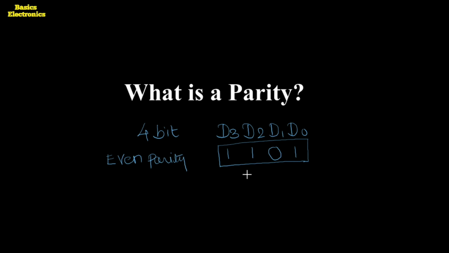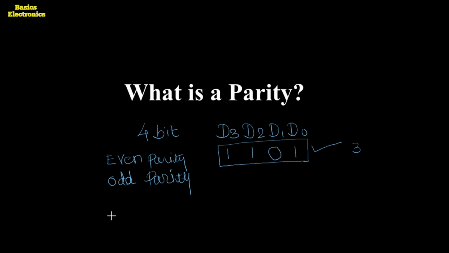And when the number of ones is odd, like the example we have, 1, 1, 0, 1, the number of ones is 3, and 3 is an odd number. So here we say the parity is odd parity. It means whatever the number of bits we have, if the number of ones is even, then we say it is even parity.